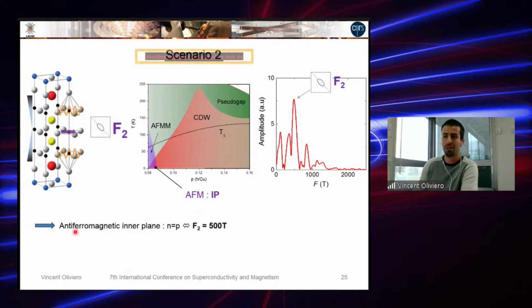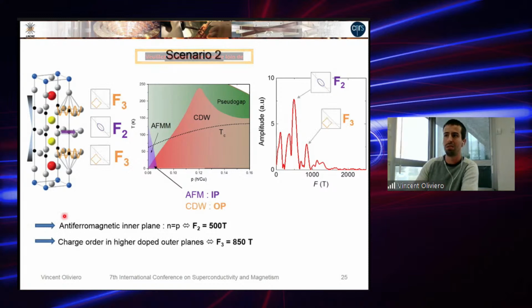In this situation, what you expect to observe is a frequency in your quantum oscillation spectrum around 500 Tesla, which corresponds to the pocket area, and this is just here. So the high frequency measured here corresponds to the frequency F2.